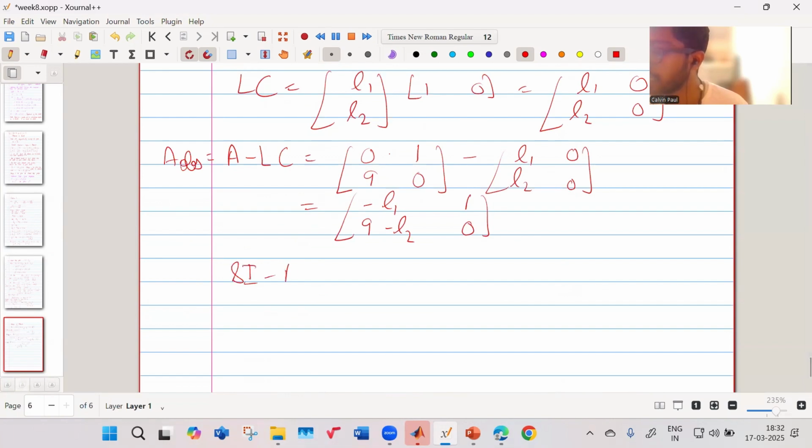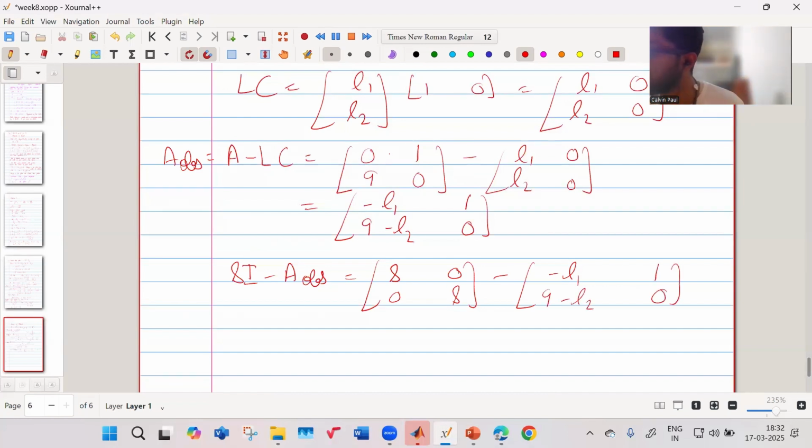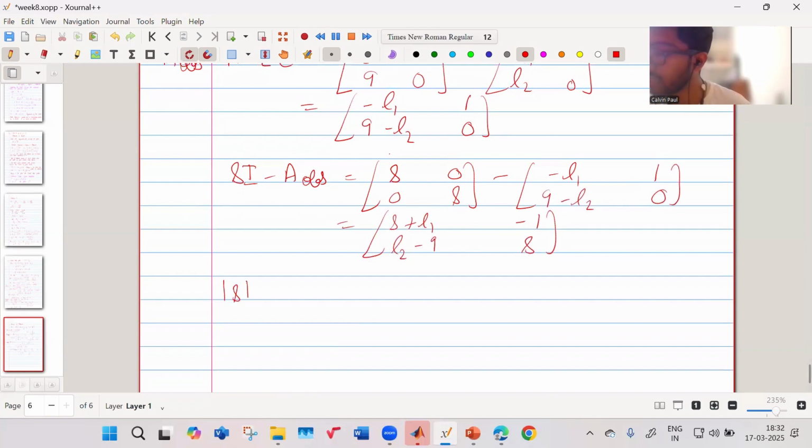So sI minus A observer is equal to [s 0; 0 s] minus [-L1 1; -9 - L2 0]. That is equal to [s + L1, -1; L2 + 9, s]. So sI minus A observer is s plus L1 into s plus L2 plus 9, that is s square plus L1 s plus L2 plus 9.